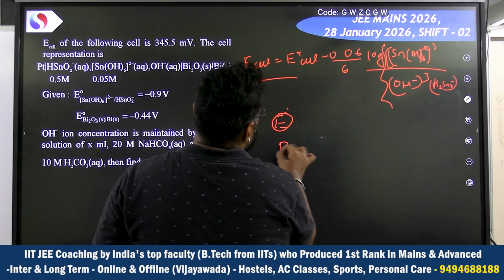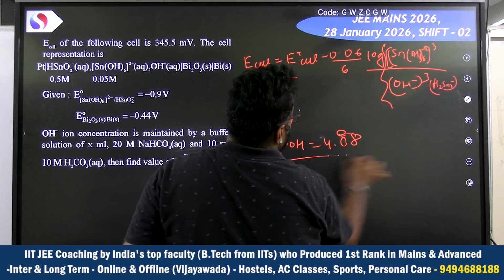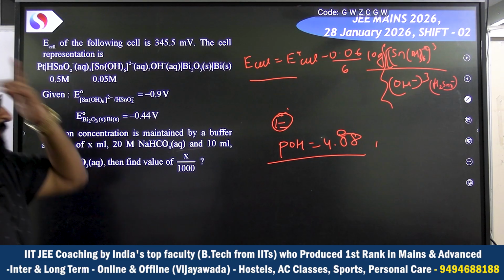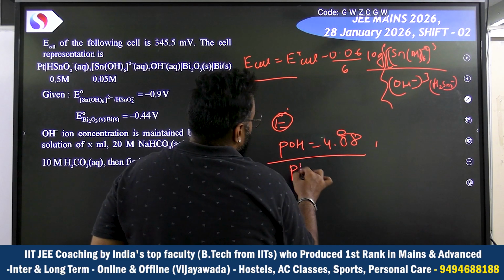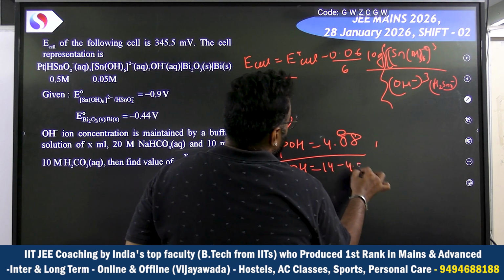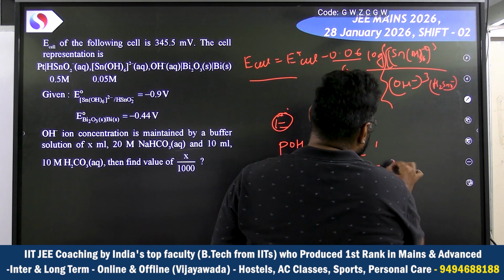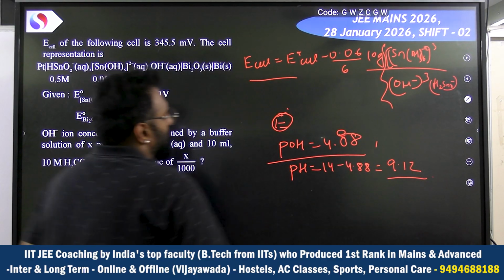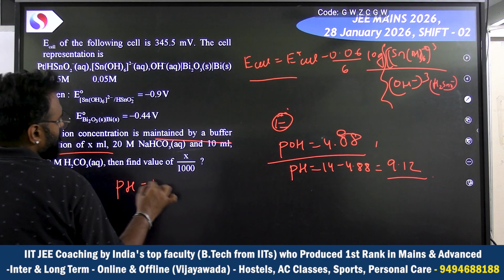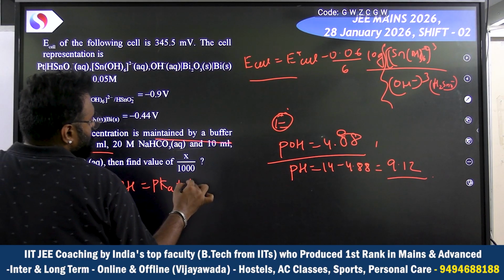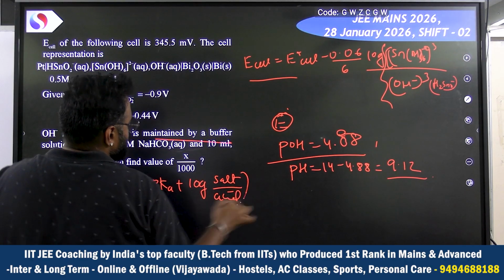So on solving this we will have finally POH. On solving this we will have POH is equal to 4.88, because we don't have OH minus. So pH will be 14 minus 4.88 matlab 9.12. So it is a buffer solution. So pH is equal to pKa plus log salt upon acid.